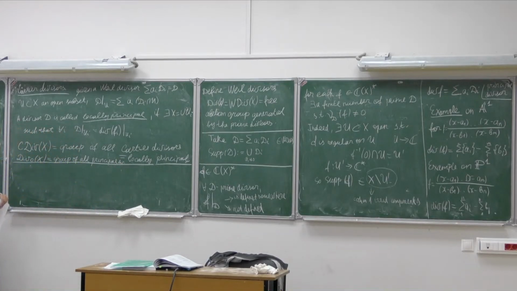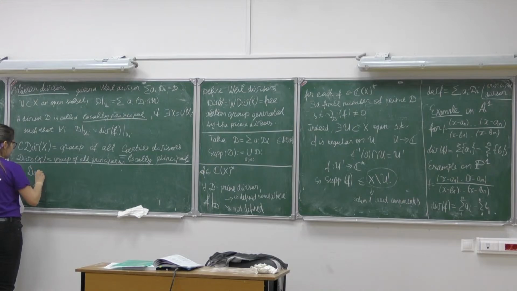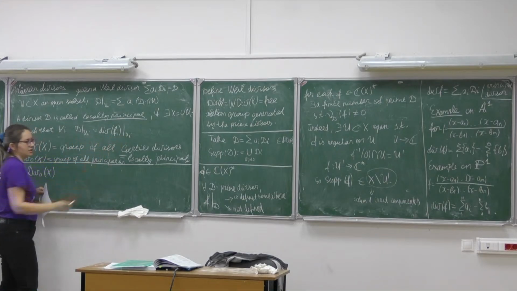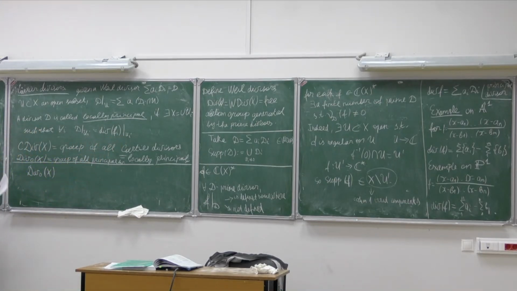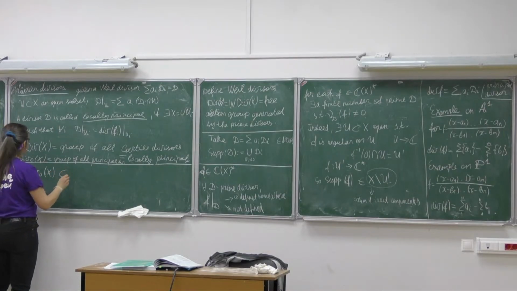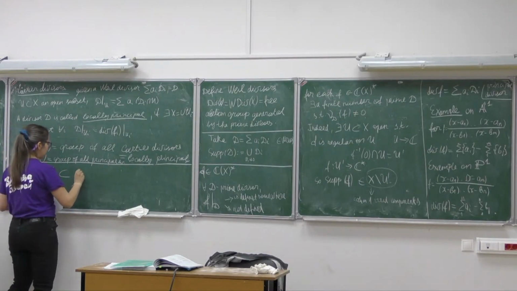And we have inclusions. Clearly, if it is a divisor of a function, then it can be treated as a locally principal divisor. This function will be used in all the charts. So this is in the group of Cartier divisors.